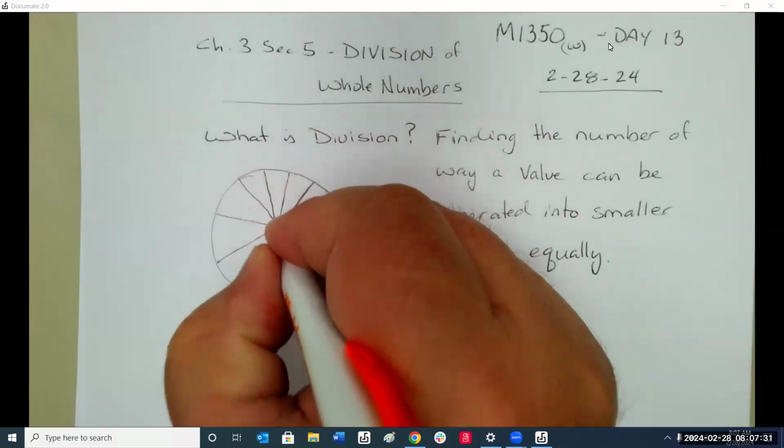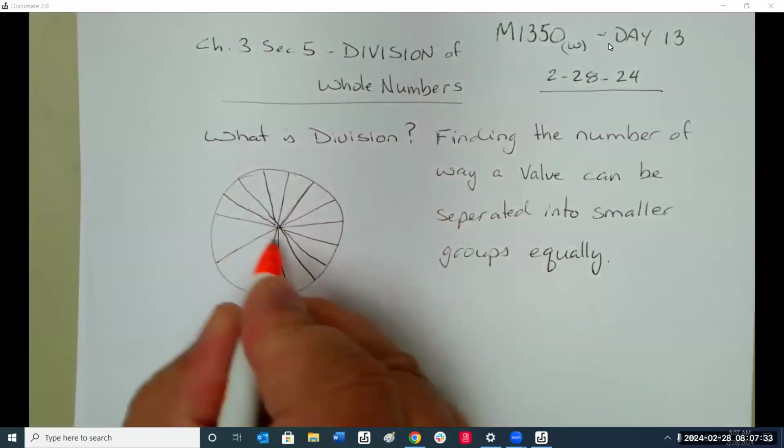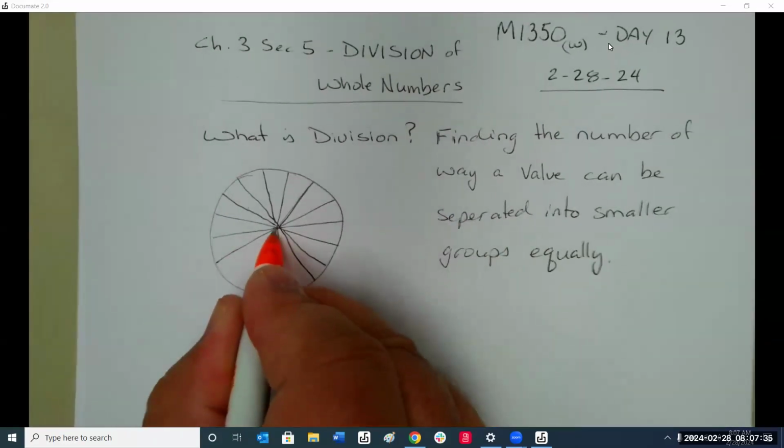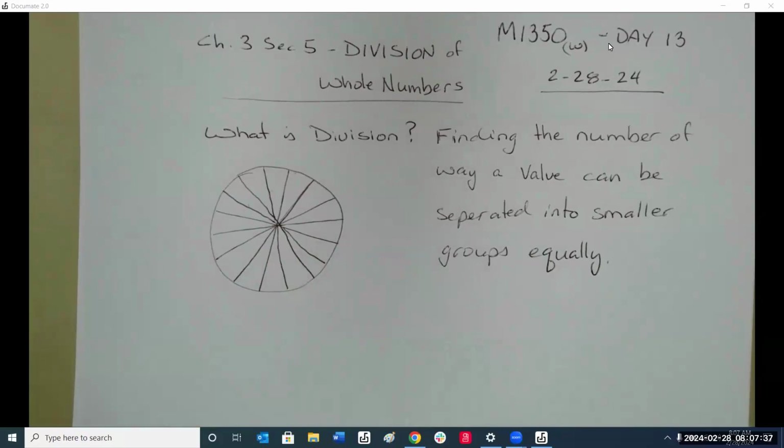And these, what happens now? How many pieces do we have now? Yeah, but we had 8 originally. We cut those in half, so we have 16 now. Does 6 go into 16? No.